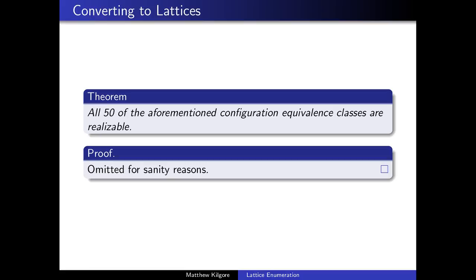For example, if I recall, Professor Davis wrote a program that went through each equivalence class and constructed a realization. So, it's basically a list of 50 equivalence classes and then 50 sets. Not exactly a fun thing to read through.